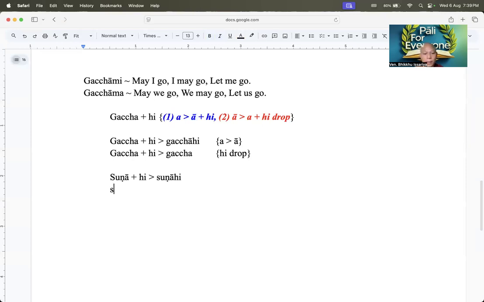If we want to use the second form, and then hi drops, at that time we have just suṇa. To form this one, we need to do so, and also after that hi dropped, in this way, suṇa, hi.